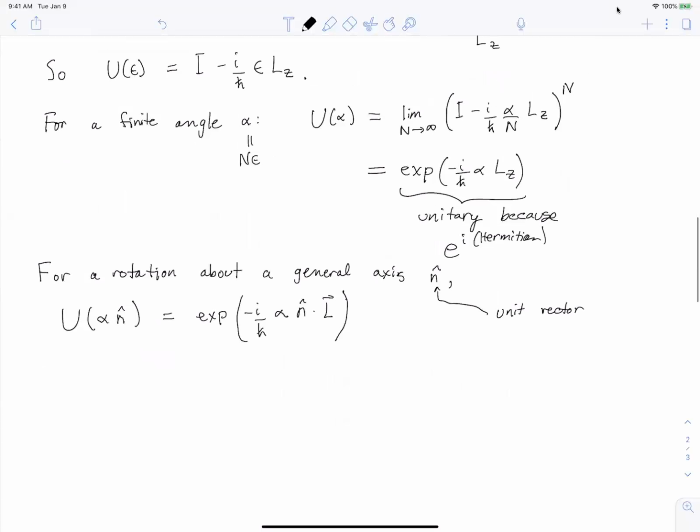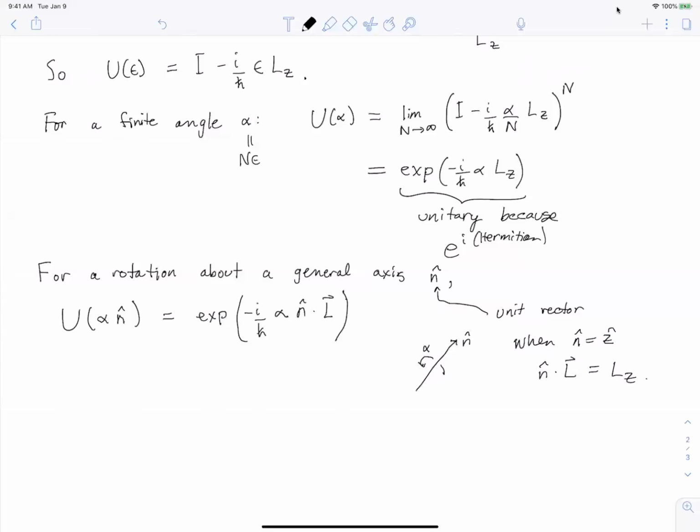Okay, and so just to draw a picture, it's pointing in some arbitrary direction, and then we're doing a rotation about that direction by an angle alpha. When n hat is z hat, that's the case we did. So when n hat equals z hat, then n hat dot L is in fact L sub z, just like we had.